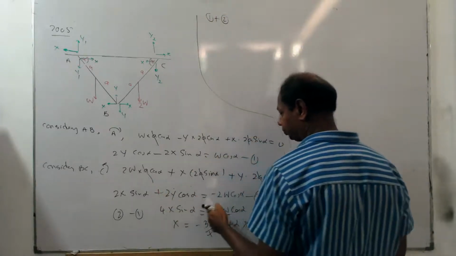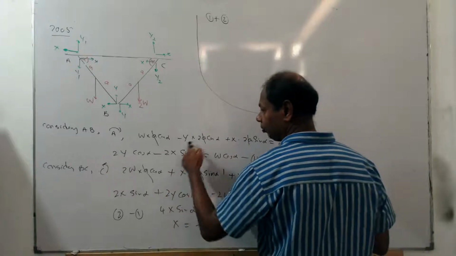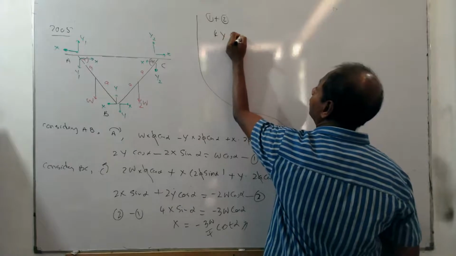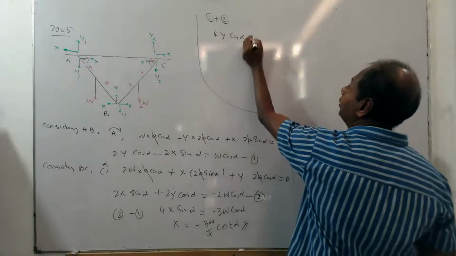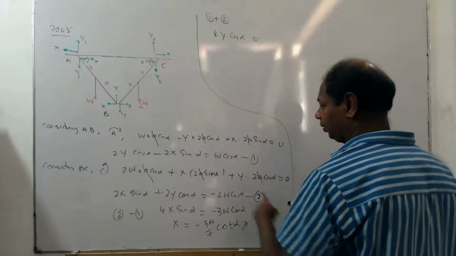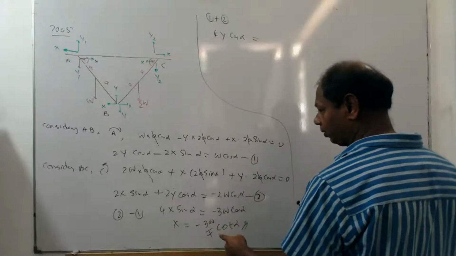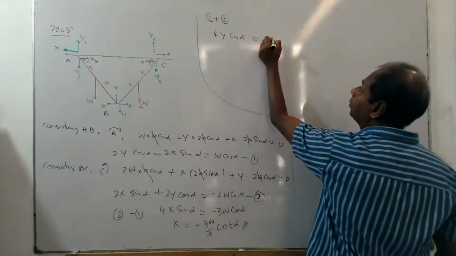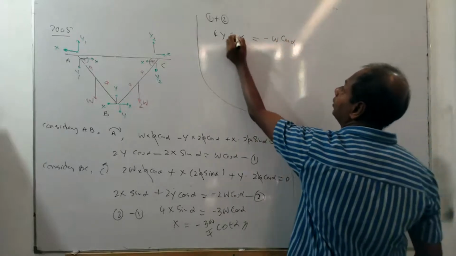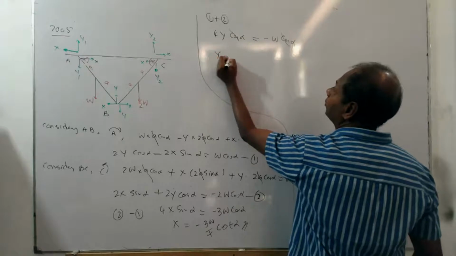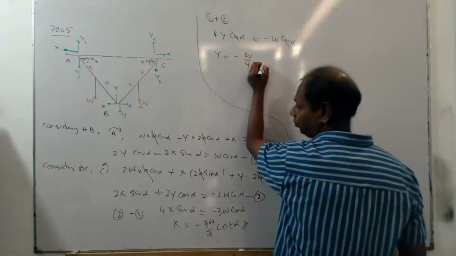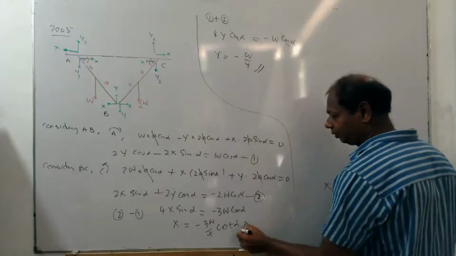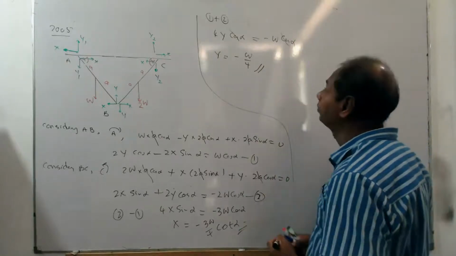That makes 4y cos alpha equals, on the other side, w cos alpha minus 2w cos alpha. That will be minus w cos alpha. This gets cancelled. y equals minus w over 4. That's the answer. This is the first answer.